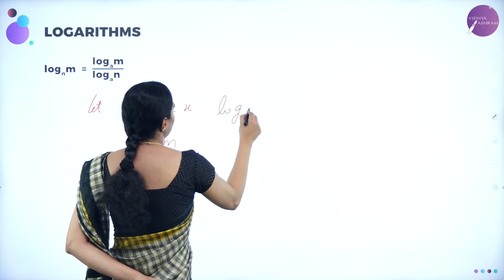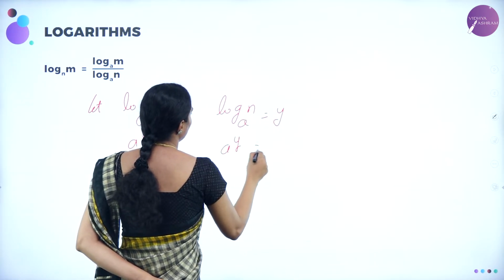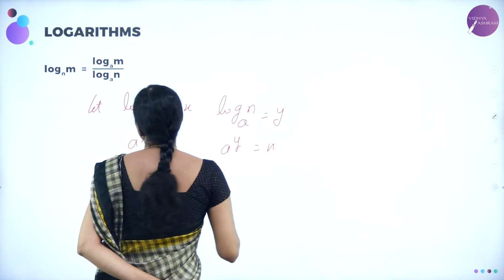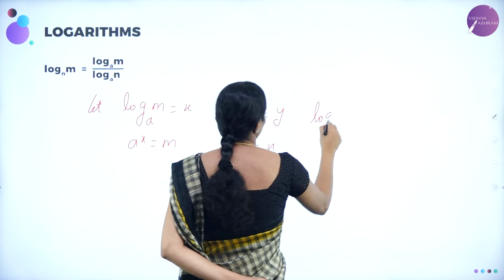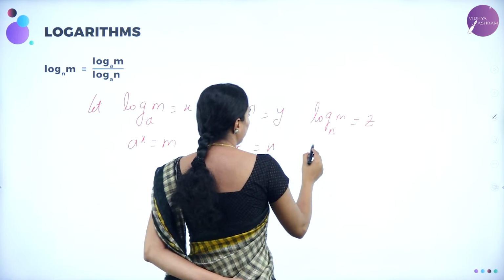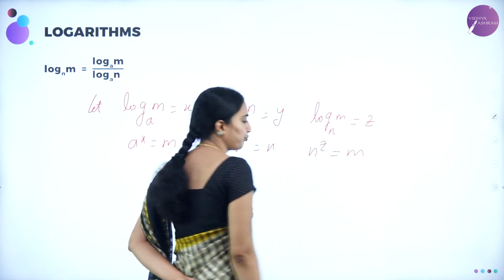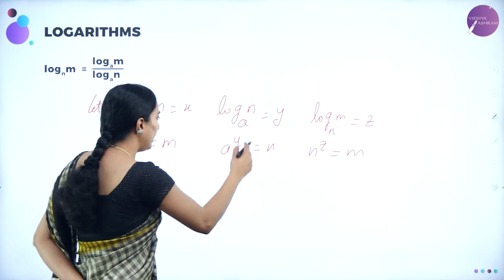Similarly, log n to base a is nothing but y, a power y is equal to n. Similarly, log m base n is nothing but z. You know that n power z, because here base n is there, can be written as m. Is that right?